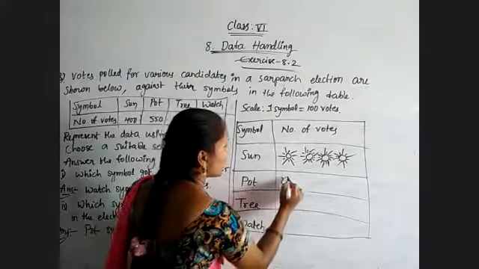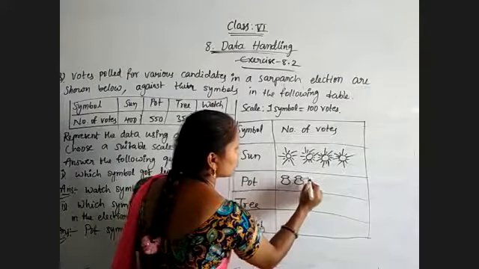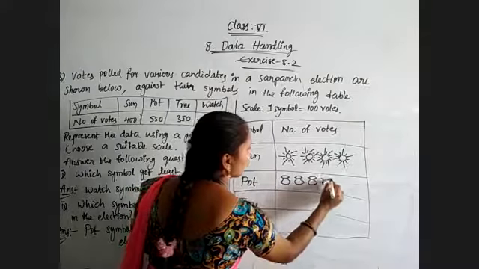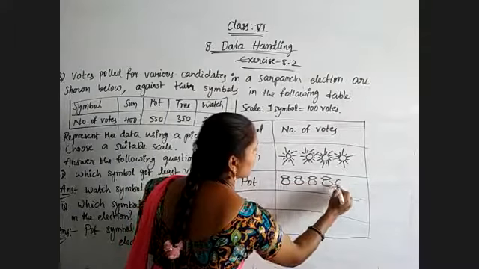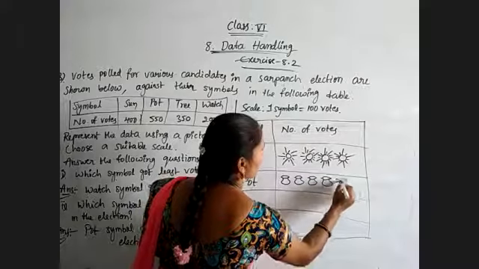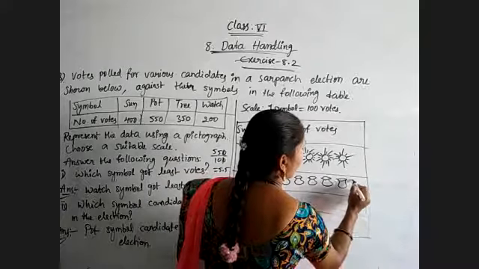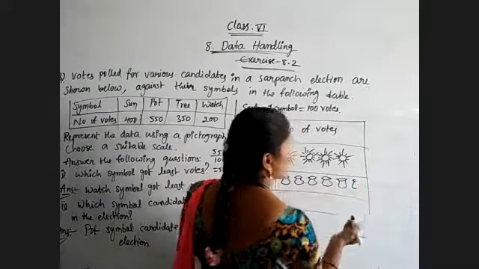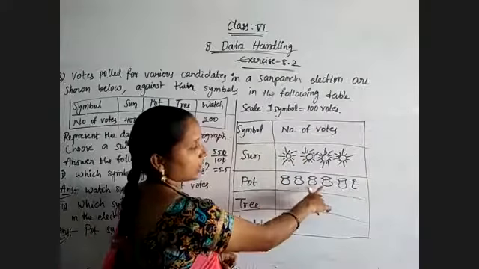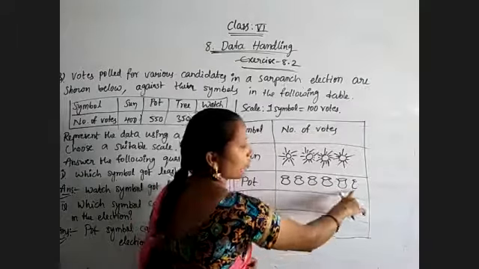So here I am drawing the pot symbol like this: 1, 2, 3, 4, 5. The sixth one is half only. 100, 200, 300, 400, 500, and this half is 50, so 550.